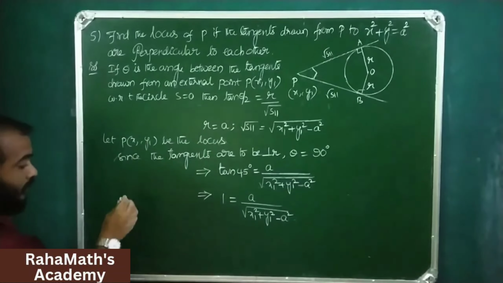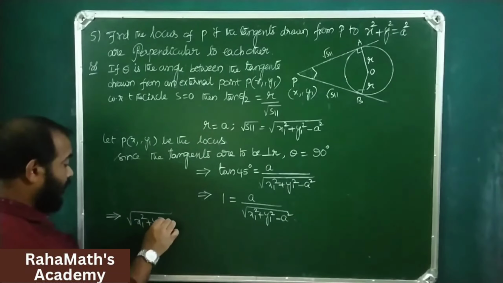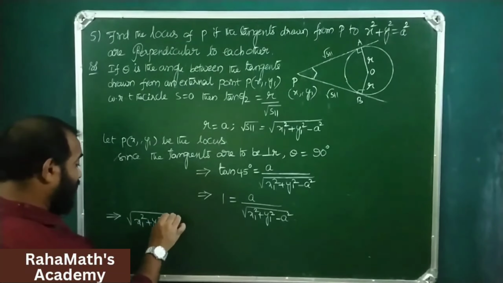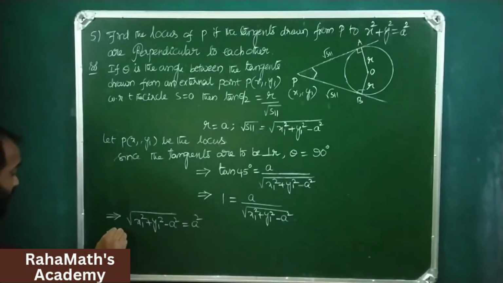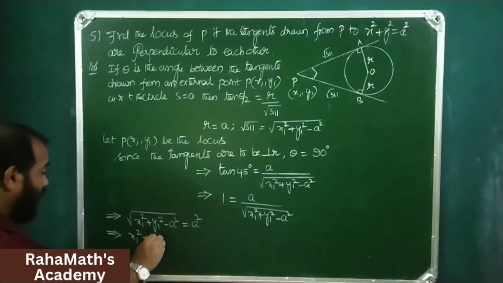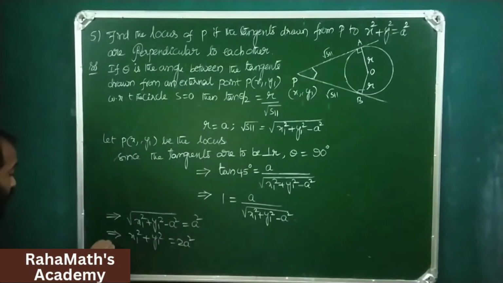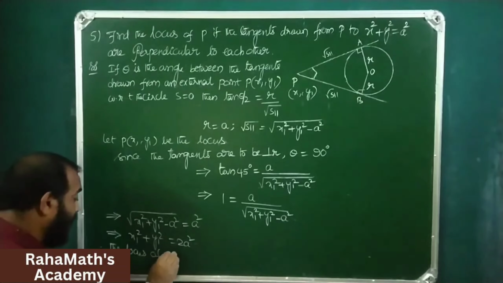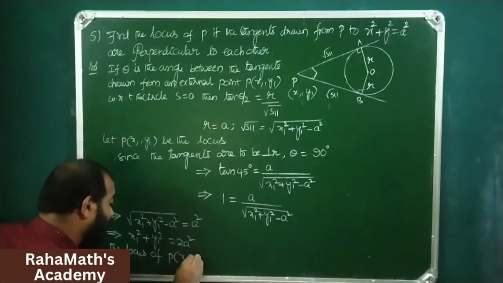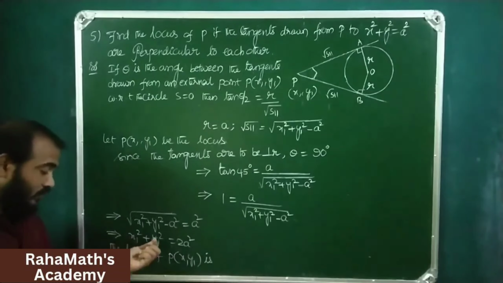Cross multiplication, we get square root of x1 square plus y1 square minus a square equals a square. So squaring on both sides, x1 square plus y1 square equals 2a square.